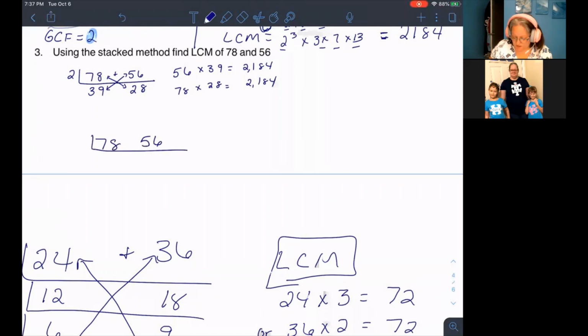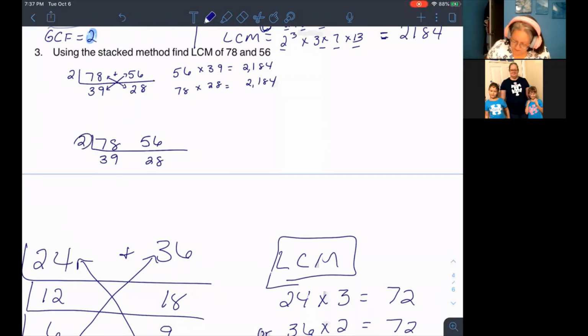We know they're both divisible by 2 because they're even numbers. So we start with the 2. 78 divided by 2 is 39, and 56 divided by 2 is 28. Now, there are no other numbers that would go evenly into 39 or 28 other than 2.